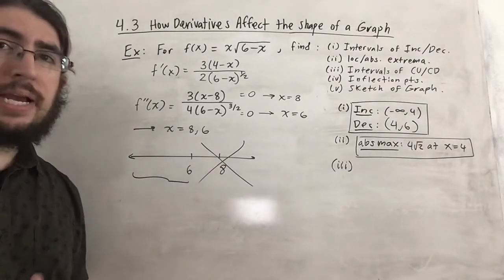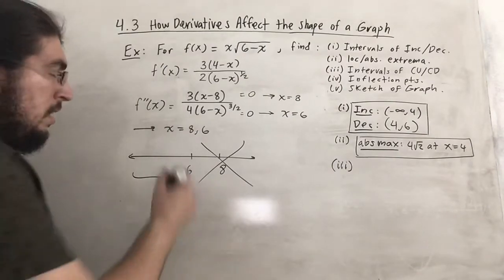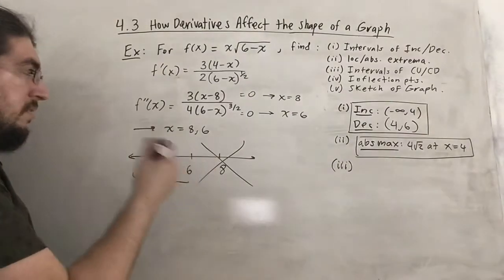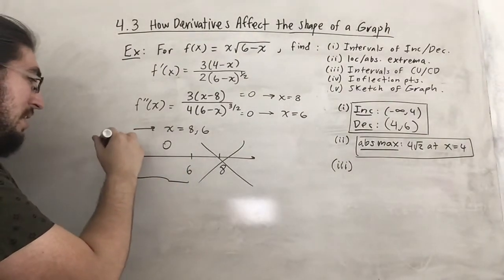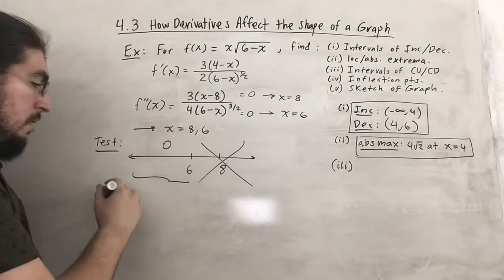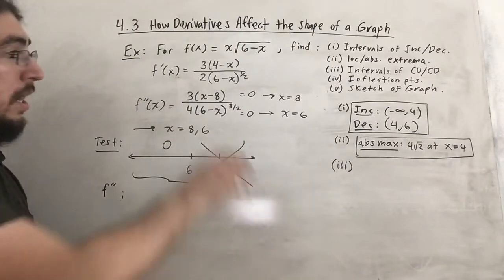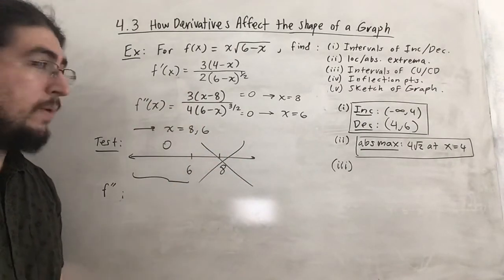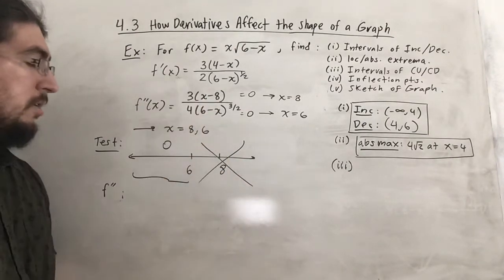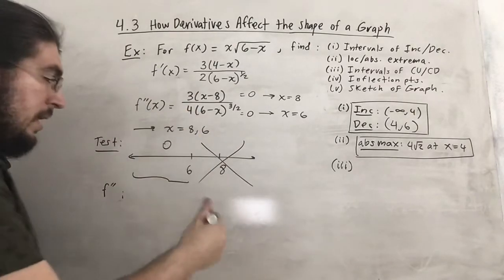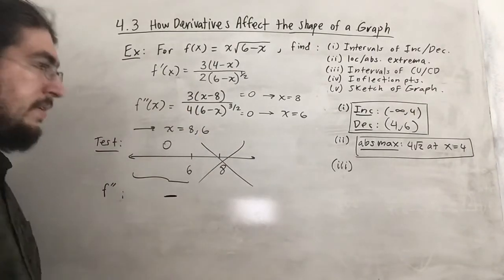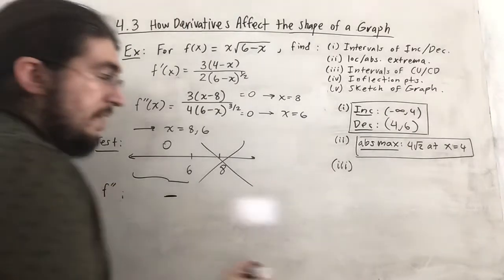And we can pick any number less than 6. So let's plug in 0, just for the sake of simplicity, I guess. So we're going to test 0 in for the second derivative, and we're just checking for the sign. On the top, we'll get negative because we'll have a 0 minus 8. On the bottom, 6 minus 0 is positive. Negative over positive is negative. So that means this is always concave down.